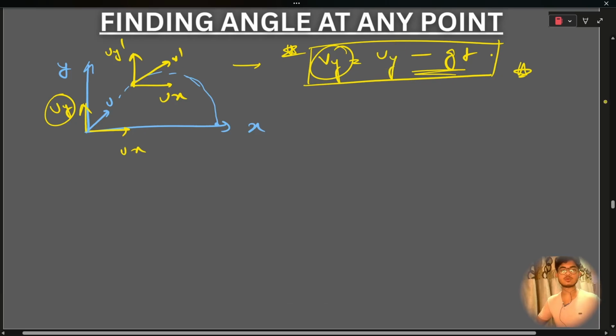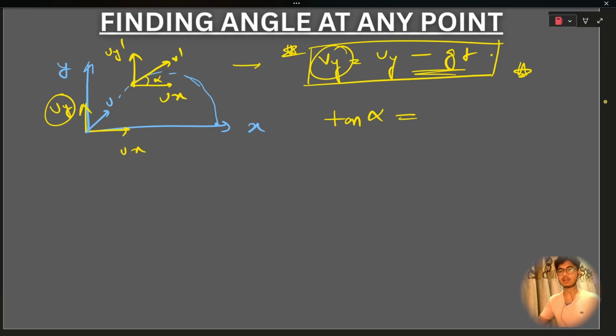Okay, so suppose this is an angle alpha between them. Just to find the angle between them, tan alpha equal to Vy by Vx.